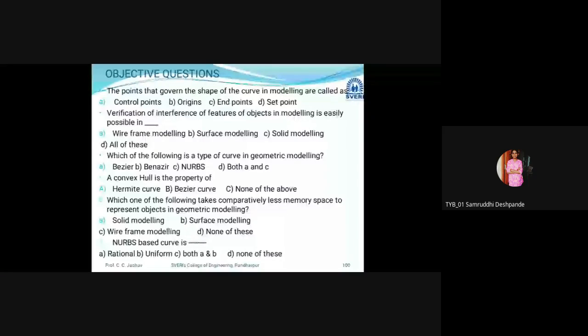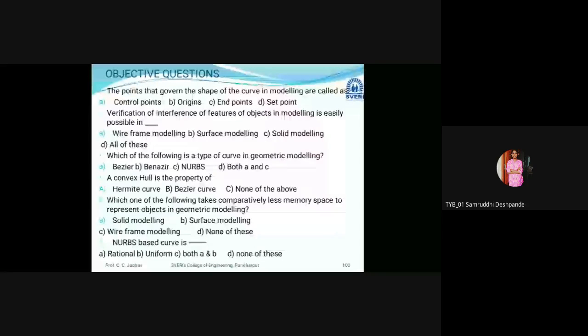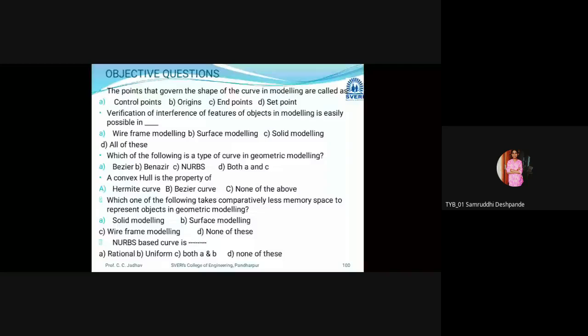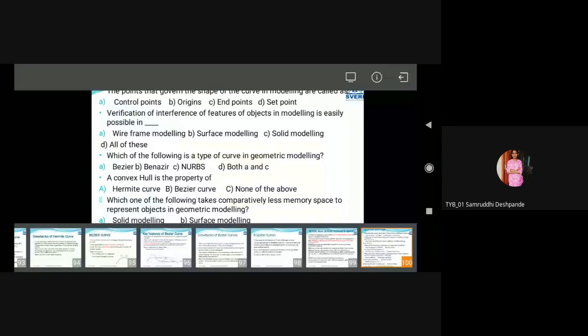So I request all of you, don't just be present in the lecture. Be attentive. It will be beneficial for your understanding of this subject. Otherwise, you just attend the lecture, keep the headphones on and the mobile aside, only for the purpose of showing presence. That is not good for you.